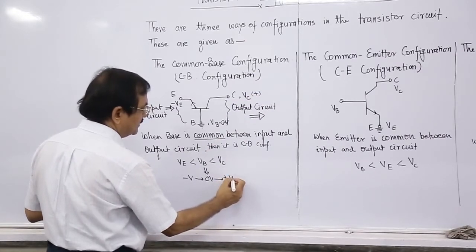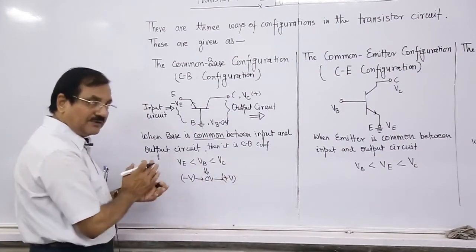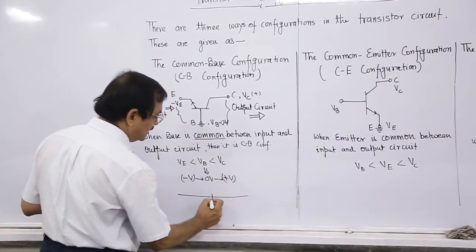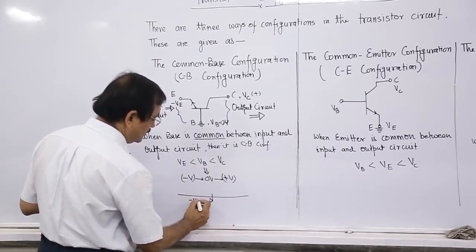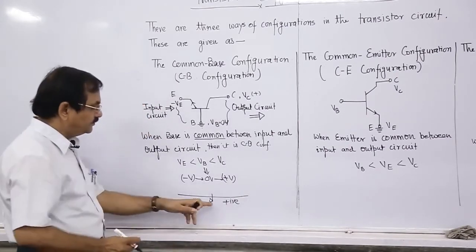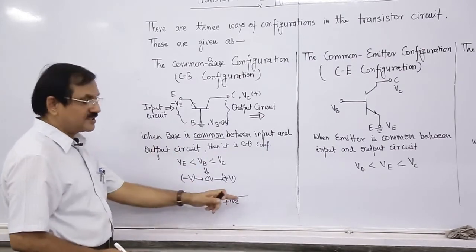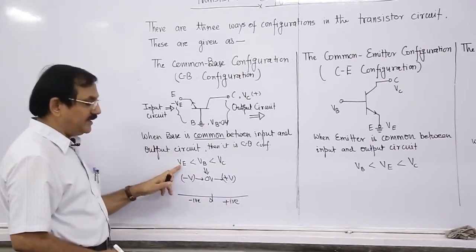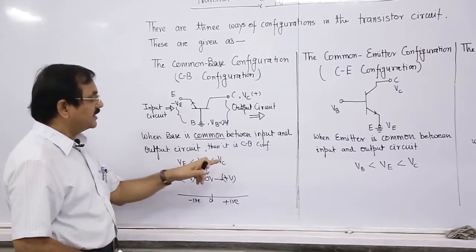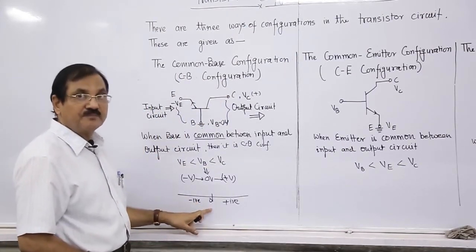On the basis of the voltage given to the line, here it is 0, negative and positive, termed as VB. Emitter voltage is less than base voltage, which is less than collector voltage. So, this configuration is the common base configuration.